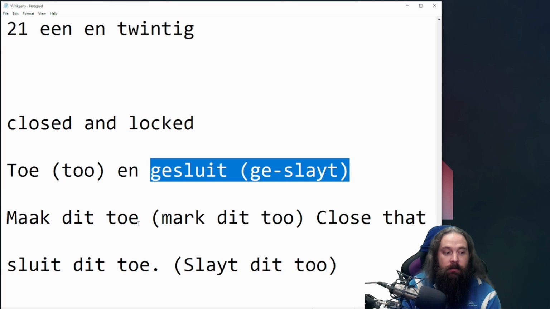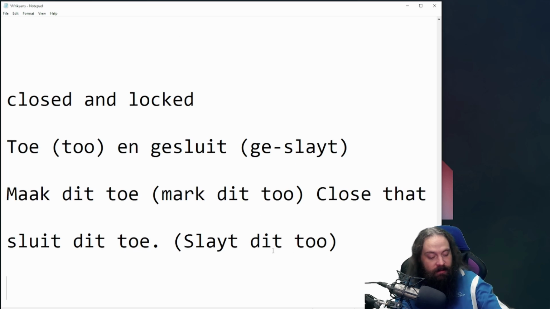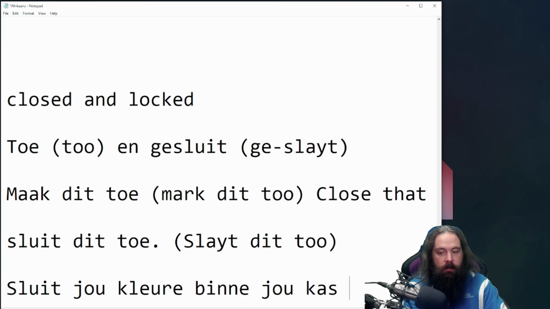But, like I said, if both of these things are used in the same sentence, like I said in that comment, sluit jou klere binne jou kas toe.